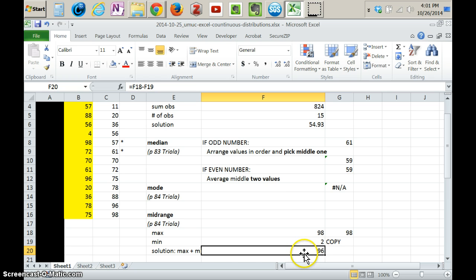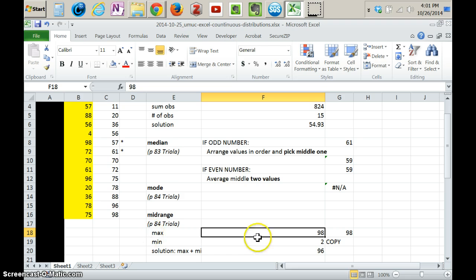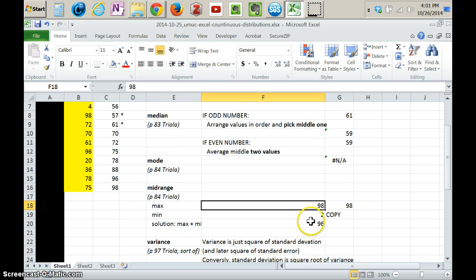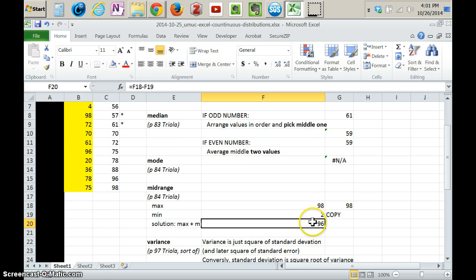Oops. Sorry, I was thinking back to, we could have written this by saying C16 minus C2, but I did it by writing them here first and then doing the formula from there.